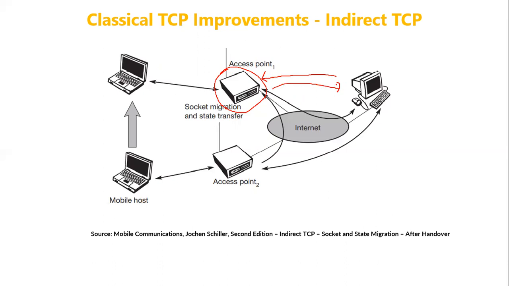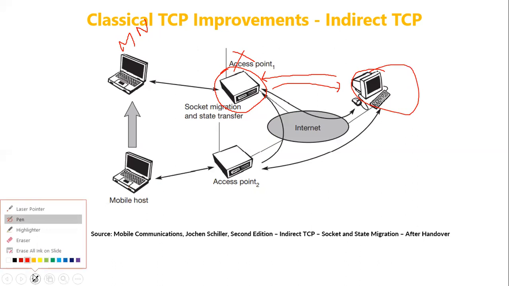CN assumes that the mobile node has actually received the packet, but actually the mobile node has not received it yet. The access point should transmit the packet, but say before transmitting, the access point or foreign agent has crashed. Then this packet will not reach MN, but CN assumes that this packet has already reached. So here the end-to-end semantics fails. This is the major drawback with this particular approach.